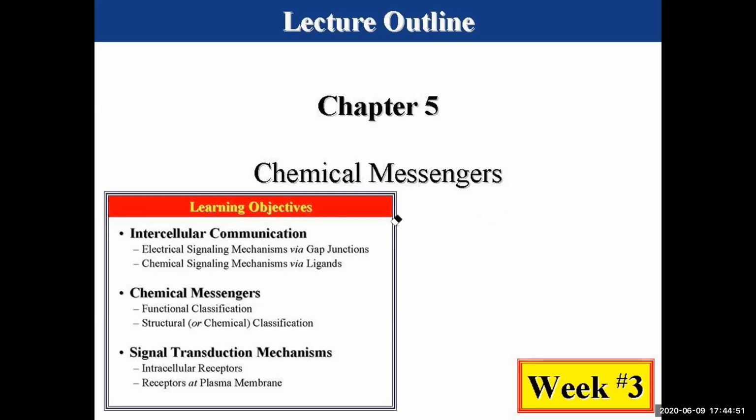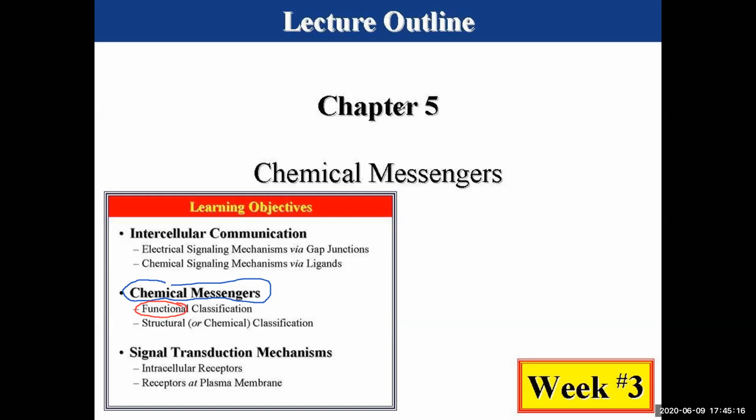Once we've defined that, we're going to go over specific types of chemical messenger. Right? So when we talk about chemical messengers, we can classify them in two ways. We can classify them based on their function, so we call it functional classification.